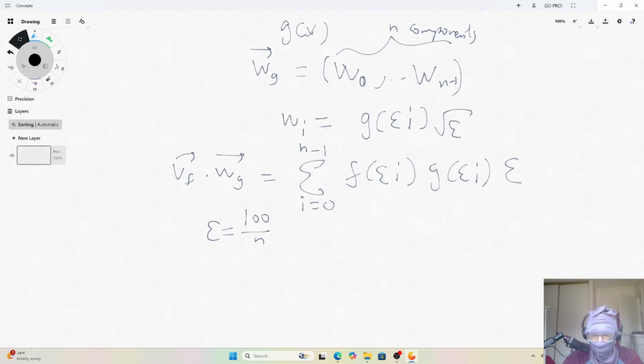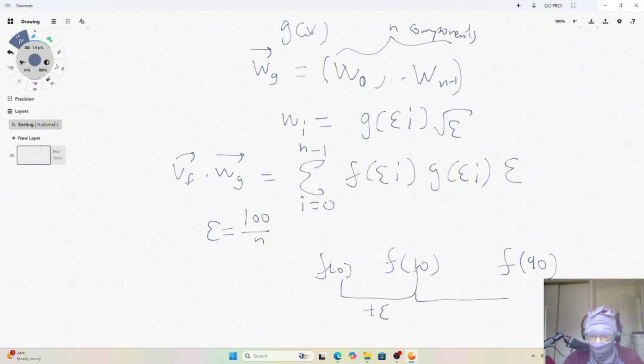So now suppose you started with f(0), then f(10) until f(90), I guess. The increment is you add epsilon, going from i equals 1 to i equals n minus 1.